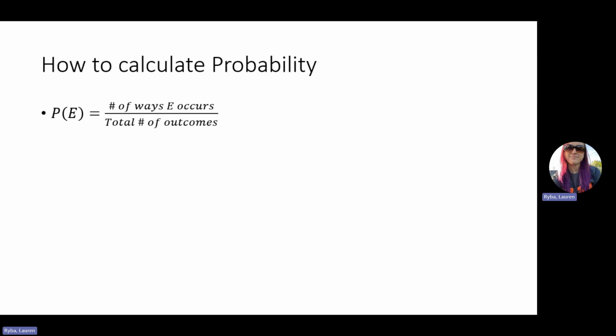So if your event happens 5 times and there's a total of 20 outcomes, your probability would be 5 out of 20. And then you could reduce that as a simplified fraction of 1/4, or you could turn it into a decimal. 1 divided by 4 is 0.25, or you could turn it into a percent. So any of the 3 options, a fraction, a decimal, or a percent, all are okay when talking about a probability.